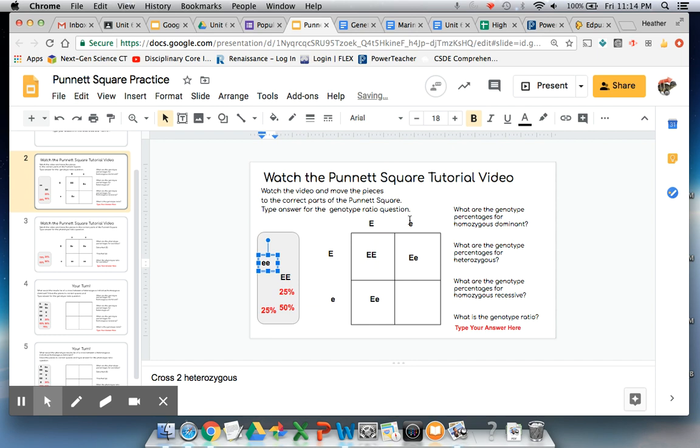And then your recessive allele and your recessive allele would give you homozygous recessive. So pause the video really quick, move your alleles and genotypes to the right spot, and when you're ready, you can press play again.